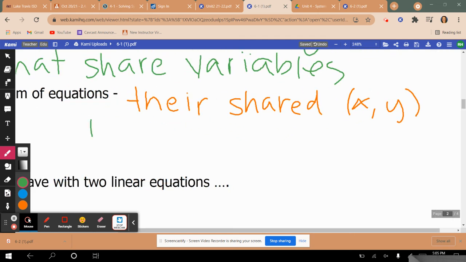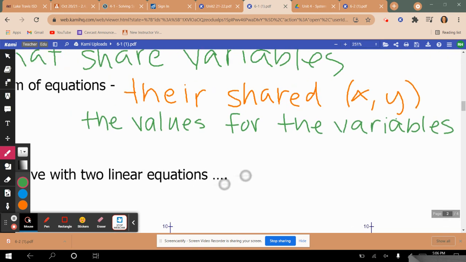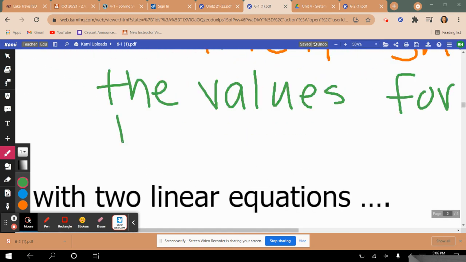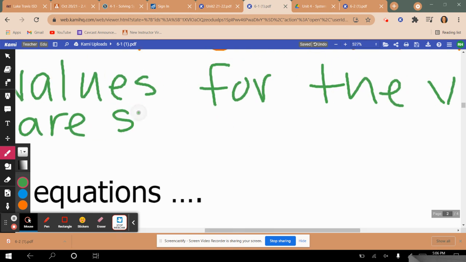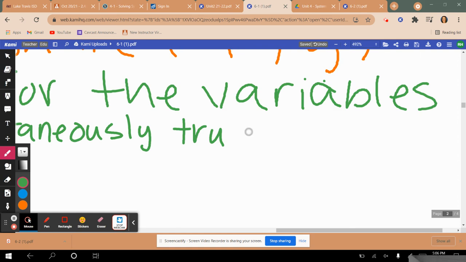I'm going to zoom in real quick. The values for the variables that are simultaneously true for the equations.